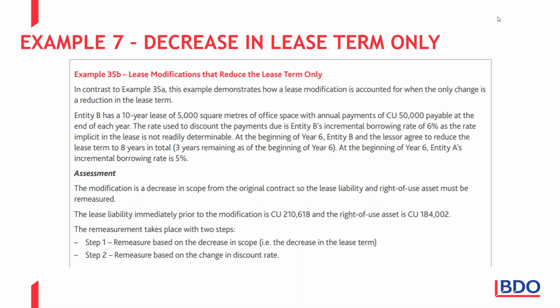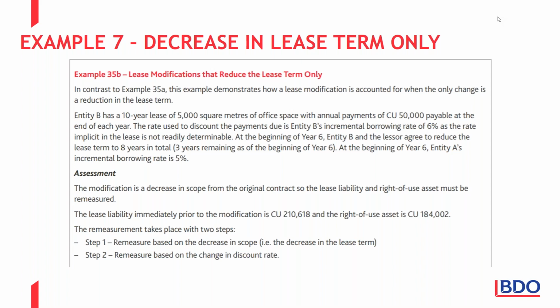And the basis for conclusion in the standard particularly says you can also have a decrease in scope where you're using the existing asset for a shorter period. So that's why this is captured as a decrease in scope because the lease term has changed. So it's either I'm using less assets or I'm using the assets for a shorter term.